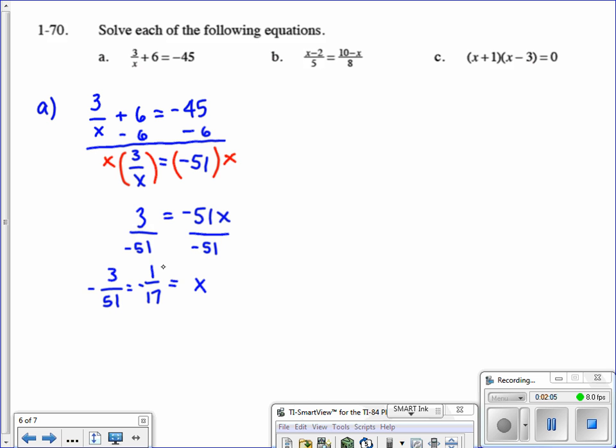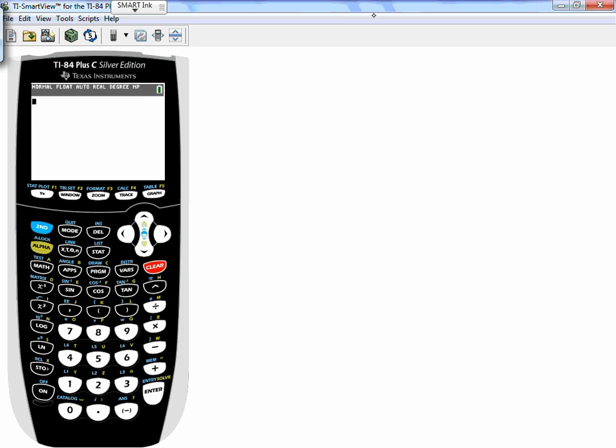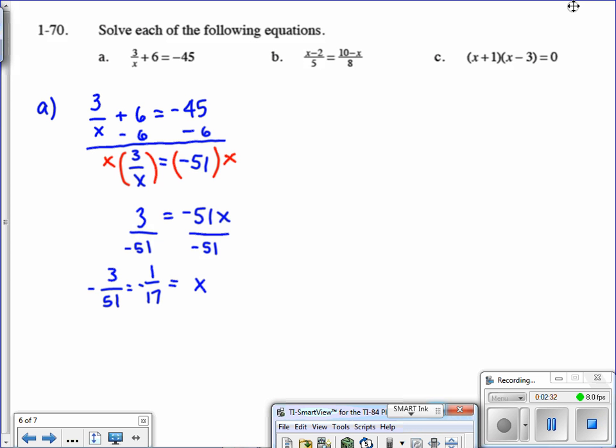If you turn that into a decimal, let's do 1 divided by 17. It should be negative, so about negative 0.5. Negative 0.59 would probably be a good safe estimate. So negative 0.59.